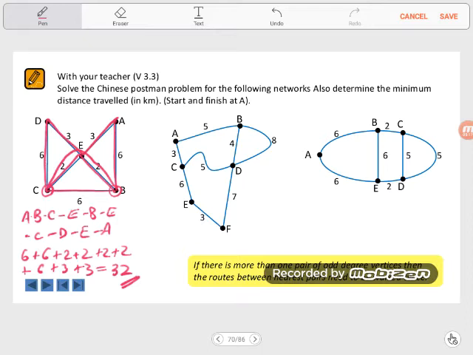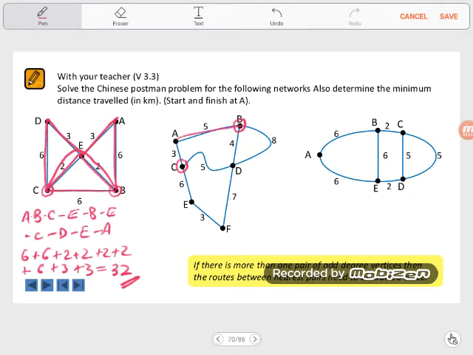Now in this one, where are our odd vertices? We've got odd vertex at C and B. Those are our odd ones. So we're going to have to travel between those two twice at some stage. Okay, so let's give this a go.